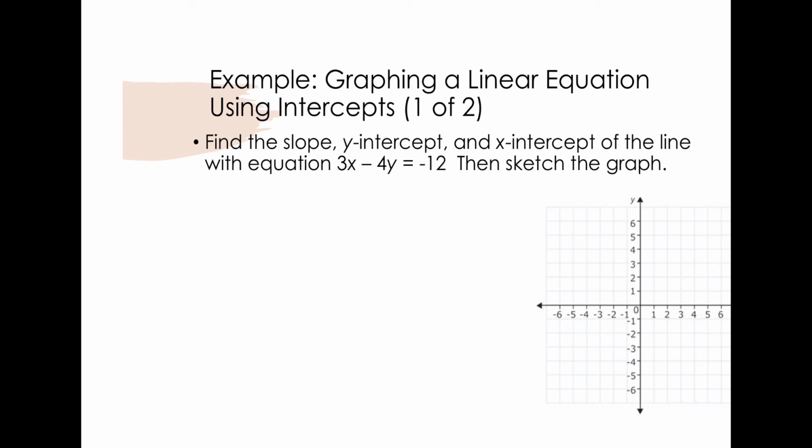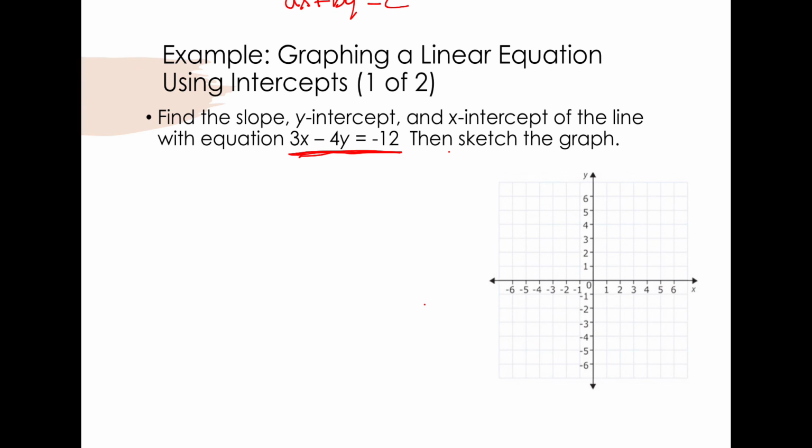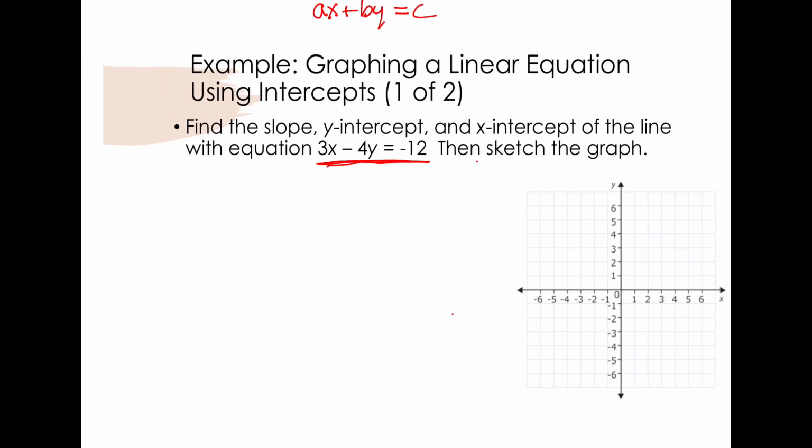All right. Another form, as we talked about at the very beginning, is the standard form of a linear equation, where ax plus by is equal to c. So this particular equation is in standard form. I've got the x and the y variables on the same side of the equation.